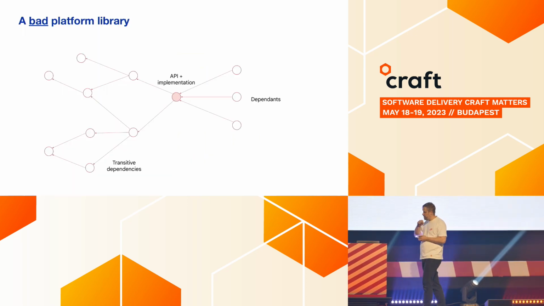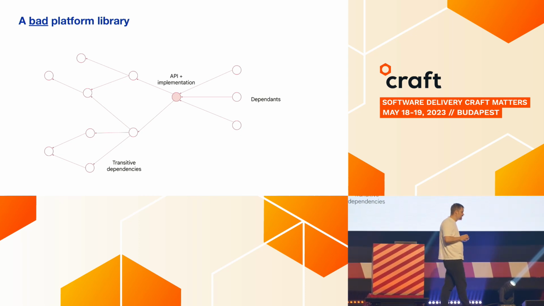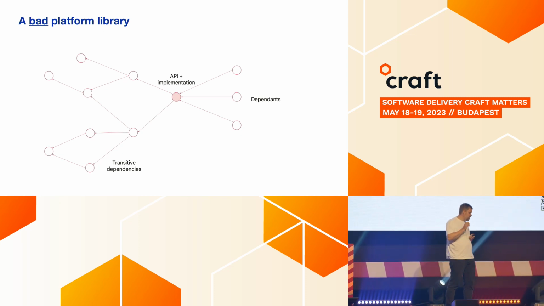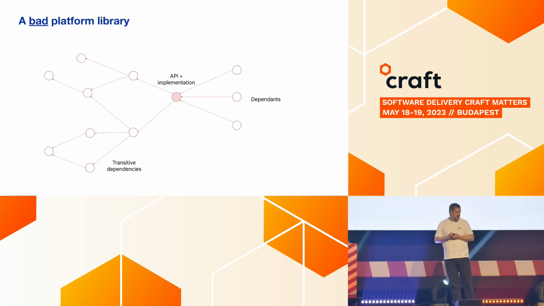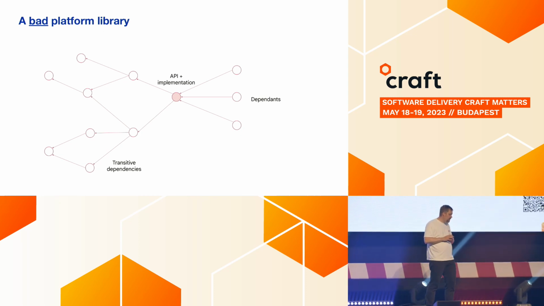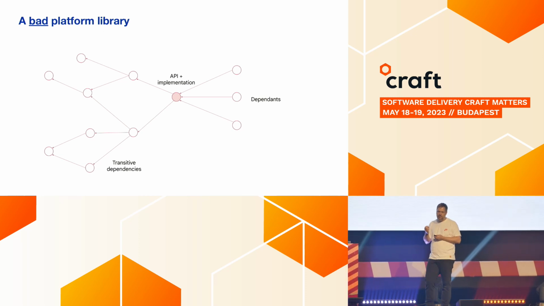We can look at this, again, from a dependency graph point of view. This was the typical case. Each circle in this diagram shows a component, some library, some view component or whatever in our mobile apps. The filled circle in the middle is some sort of library that we have in the app. Doesn't matter which one. But the point is that the API for that and the implementation of that sat in the same component.